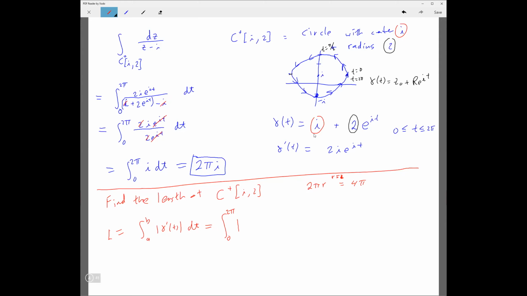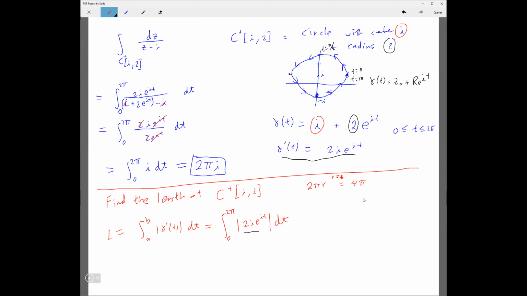And then you take the modulus of this right here. So here's gamma prime, I'm going to put that in right there. Okay, the modulus of i is 1, right?